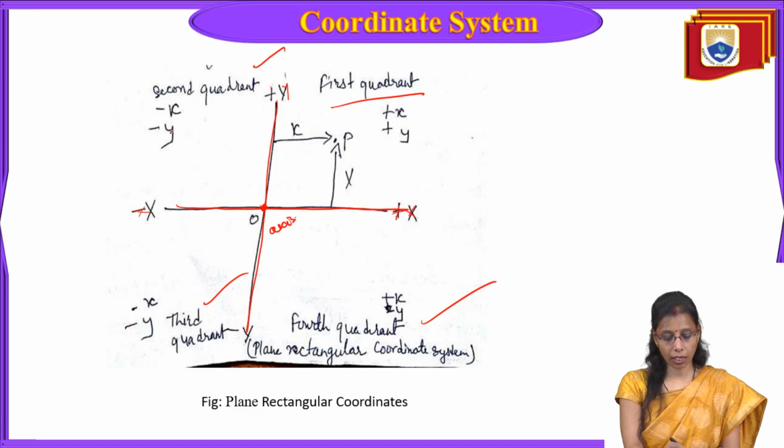Here we have minus x and minus y. Here you have plus x and plus y. So these are the four quadrants, showing how the intersection takes place, the point from where these coordinates intersect.